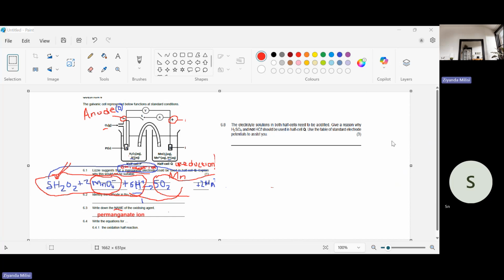And SO4, it is a stronger what? Reducing agent. Did you pick that one up? SO4 is a stronger reducing agent. Can you see that? Yes.